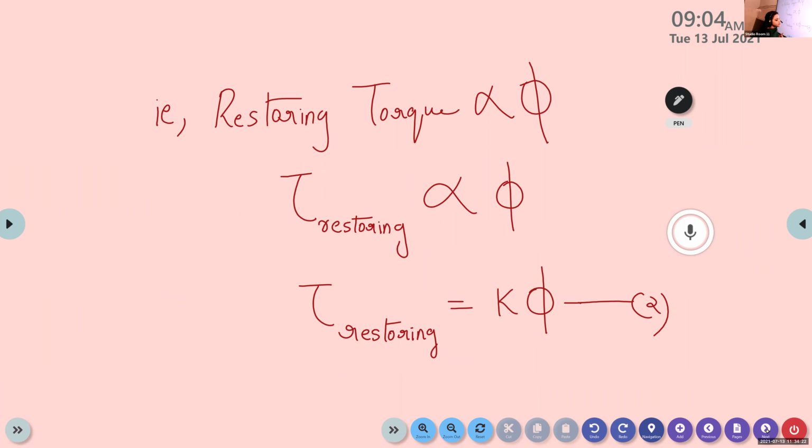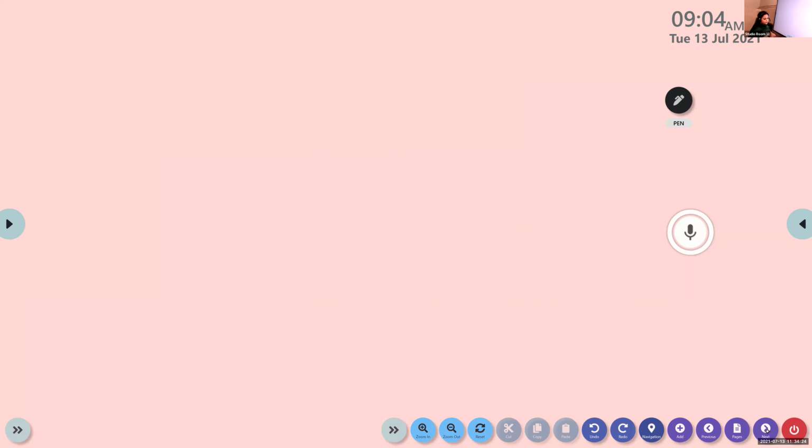These two torques must be balanced. These two torques are equal, or they are said to be in a balanced condition.